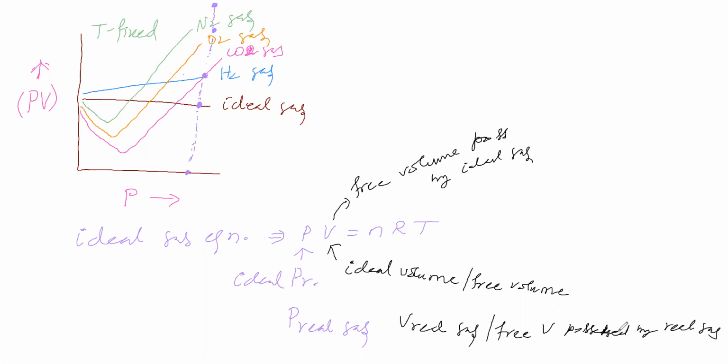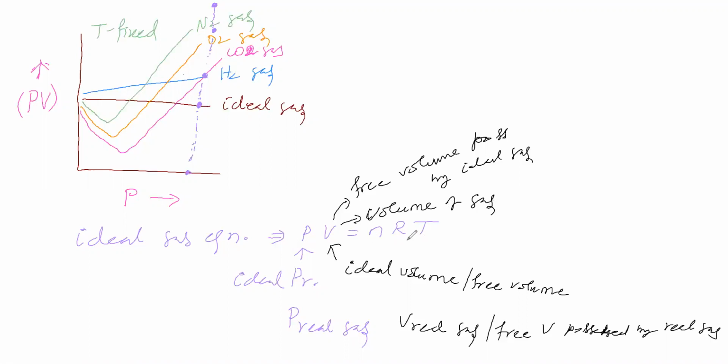Now, the ideal gas considers that this V is the volume of gas. In the ideal gas equation, this V is nothing but the volume of the gas. Kinetic molecular theory says that this free volume is exactly equal to the volume of gas.